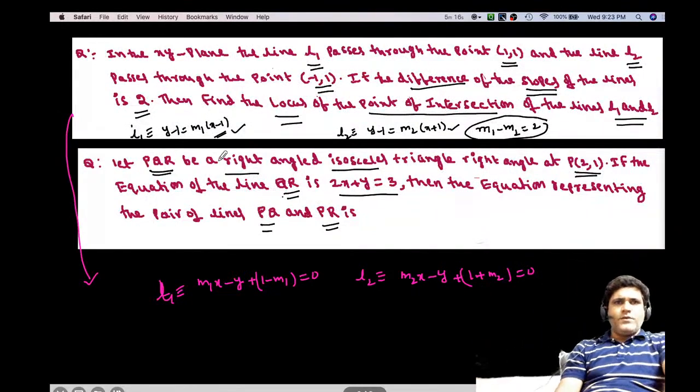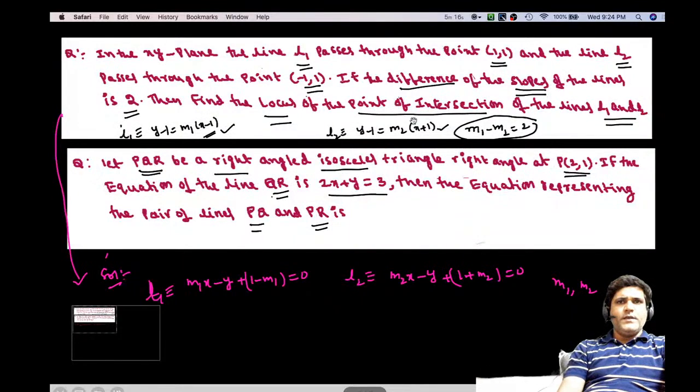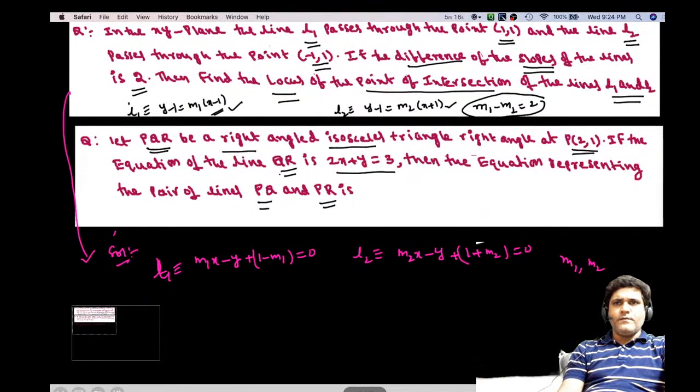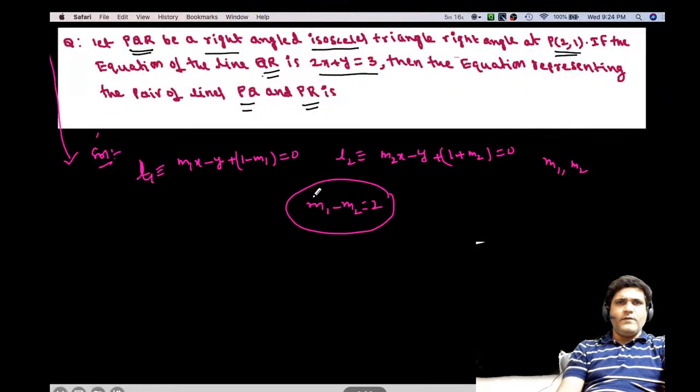So our question is what? We introduced the parameters m1 and m2 here; m1 and m2 are the parameters. m1 minus m2 is 2 is given. This condition we need to use. Now the locus of the point of intersection of the lines: how to find the point of intersection? By cross multiplication of L1 and L2, the point of intersection in terms of the parameters, that is x, y, 1.